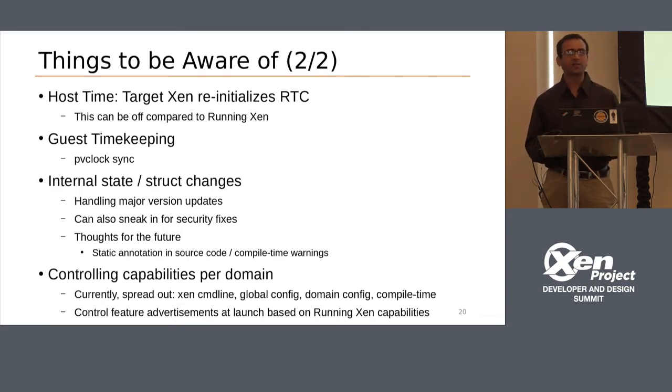For example, is vAPIC exposed to guests? It's a Xen command line option, so you either have it on the system or you don't. We would really like this to be a per-domain configuration, and there are many such items. There are also some options which are global only, and some which are domain-local only, and so on. So we'd really like to get them all into launch-time config options to make this much more manageable.